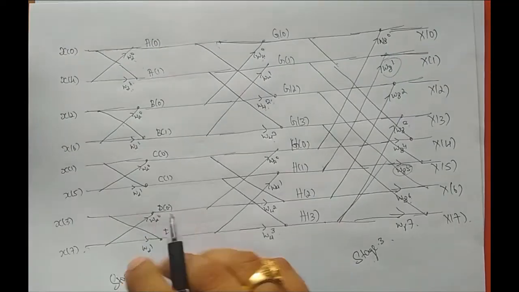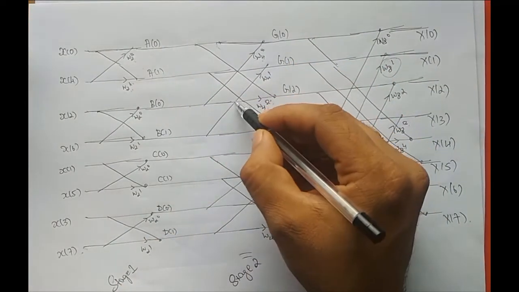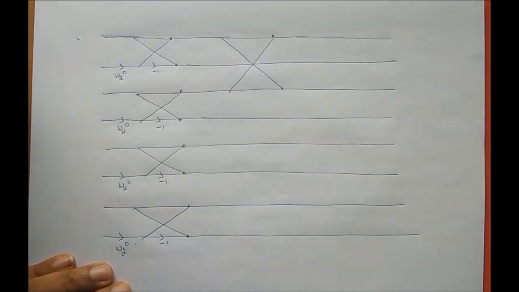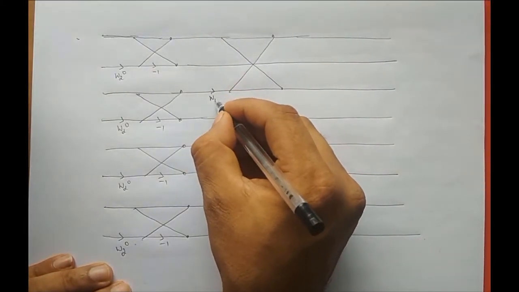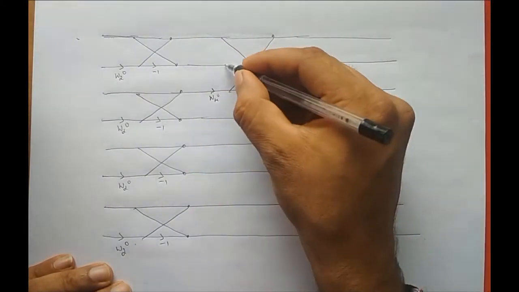So what happens here is, this W4 power 0 comes here, and I'll multiply here by -1. This is W4 power 0, this is -1.